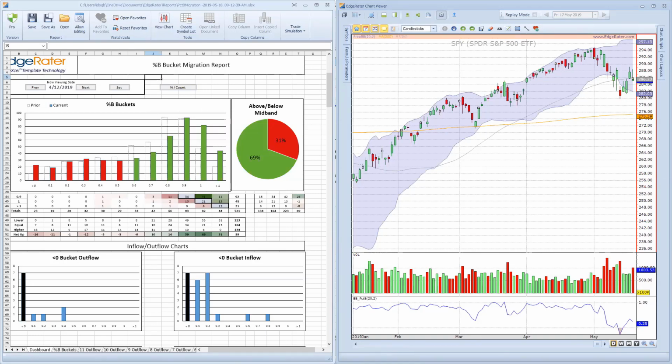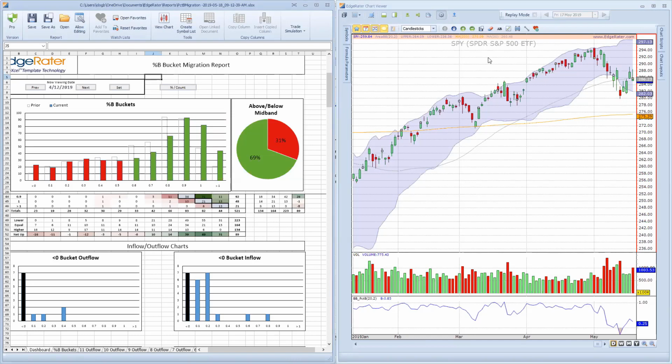I don't see any prior and current buttons on my %B report. I didn't say where to get, and I should have mentioned this, where do you find these templates? Because the original template, which was the %B buckets report, is actually still available, and it's not this report. It's not the bucket migration report.